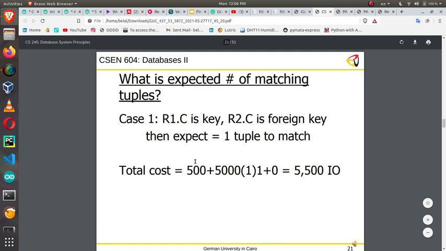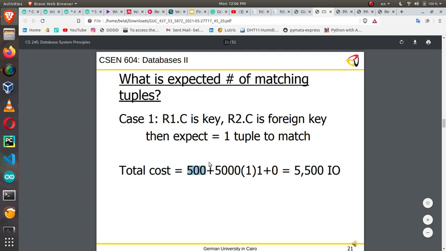So reading R2 blocks, okay, R2 is contiguous as we have just said during the previous slides. So loading 500 blocks costs us 500 input-output operations, plus each block of these holds 10 tuples.